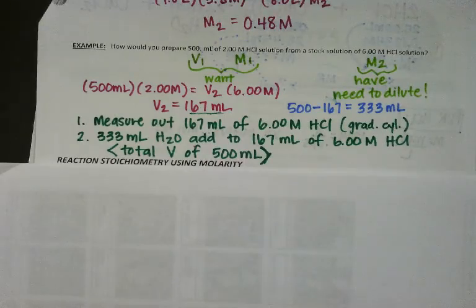So, stock solution, okay, that's a word that you need to make sure you're familiar with. The stock solution, you have to dilute. That is what we get in whenever I was talking about how we order chemicals. We consider those stock solutions. That's what the chemical companies give us that then we dilute down.